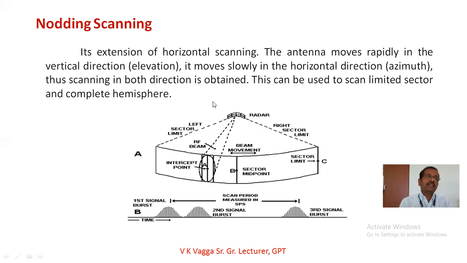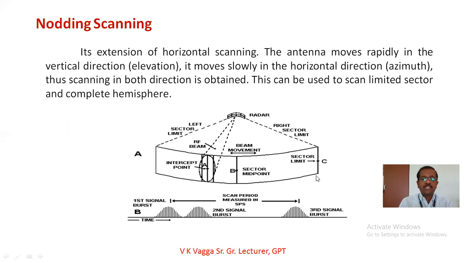Instead of covering the entire 360 degrees, it is going to cover only a certain angular area. You can see this is the radar antenna, and it moves vertically, then horizontally, then vertically again, horizontally, and so on.